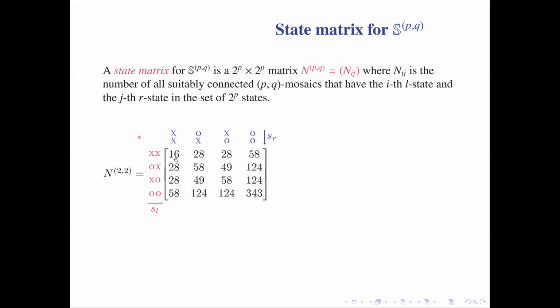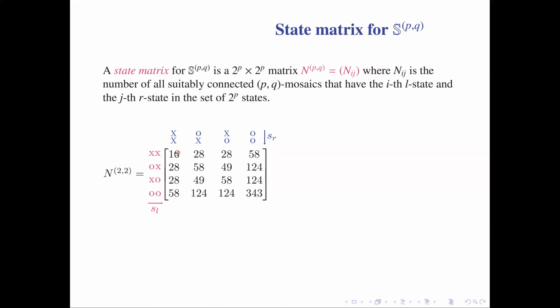Now, since a suitably connected 2 by 2 mosaic has 2 rows, the mosaic has 4 L states and 4 R states. And the order of states is XX, OX, XO, OO.